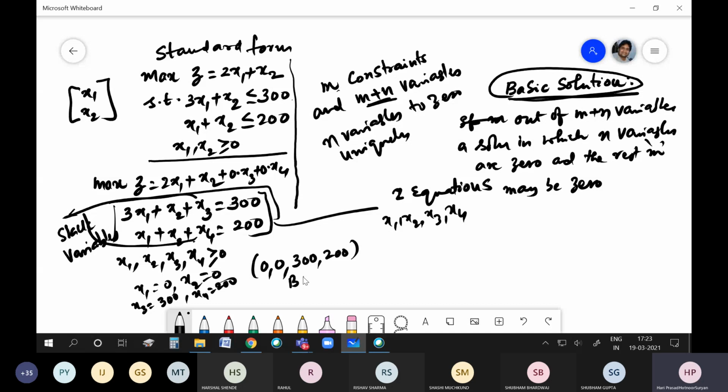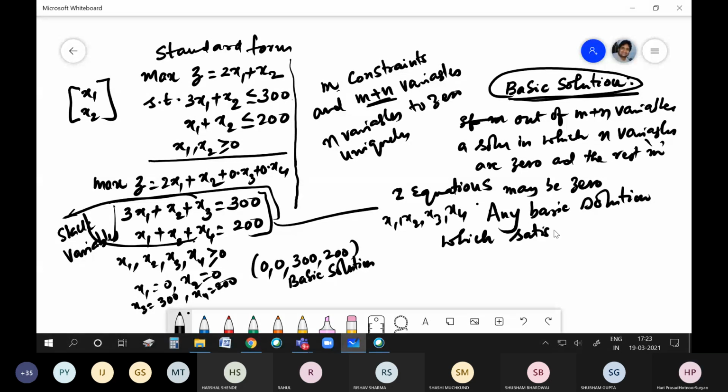This is a basic solution, and any basic solution which satisfies all the constraints is called a basic feasible solution.